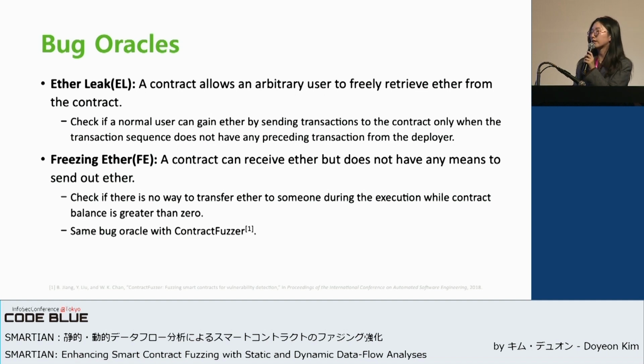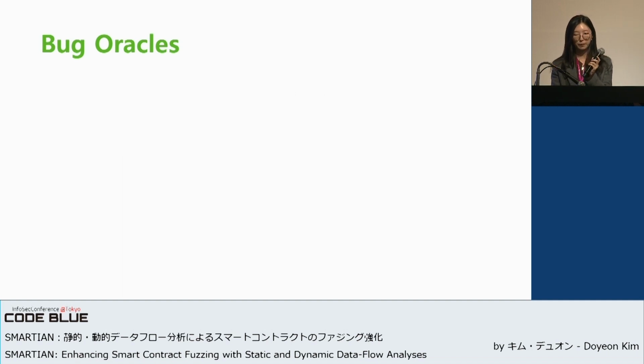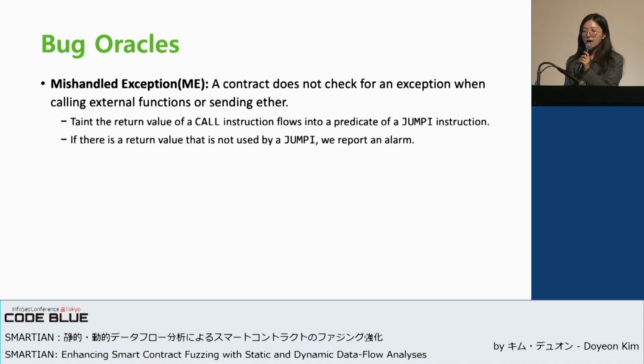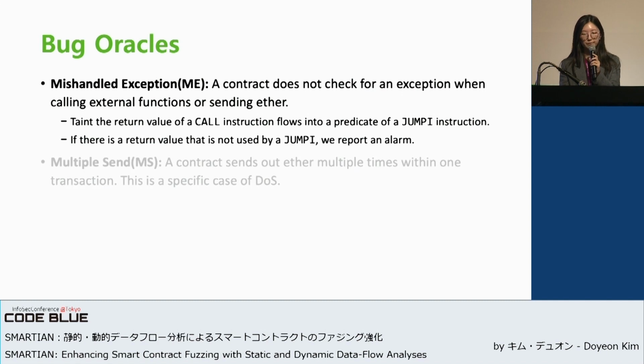It is the same bug oracle as ContractFuzzer. And the next one is mishandled exception, where a contract does not check for an exception when calling external functions or sending either. We taint the return value of the call instruction and check whether it flows into the predicate of a jumpi instruction. If there is a return value that is not used by jumpi, then we report an alarm.